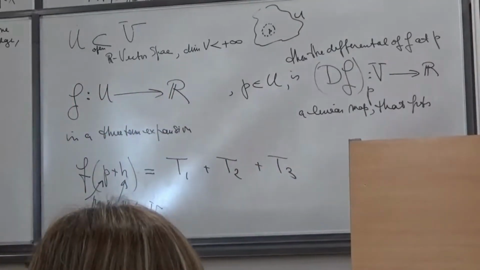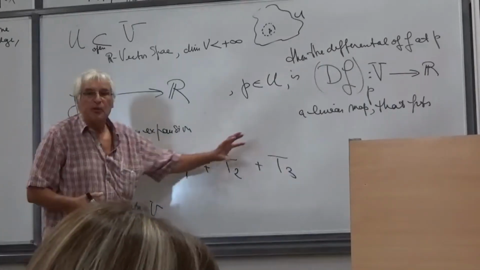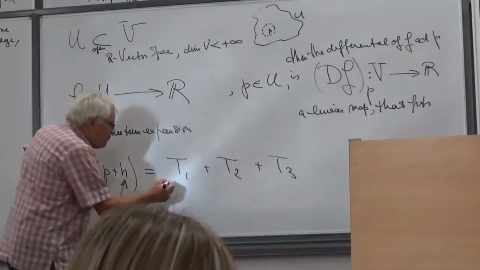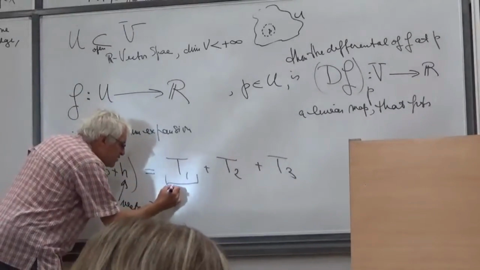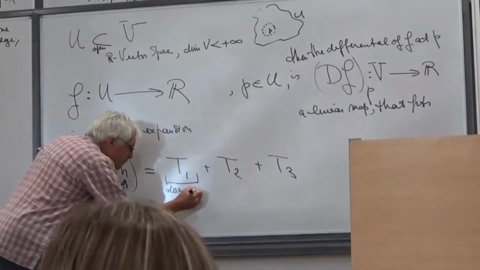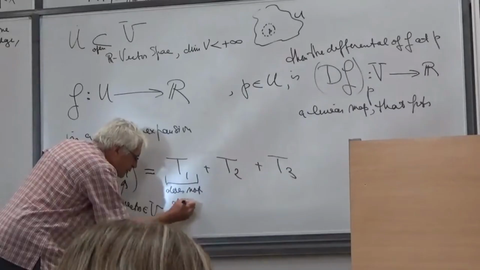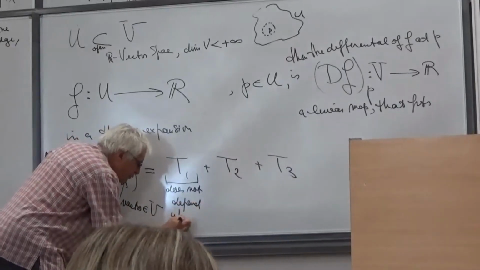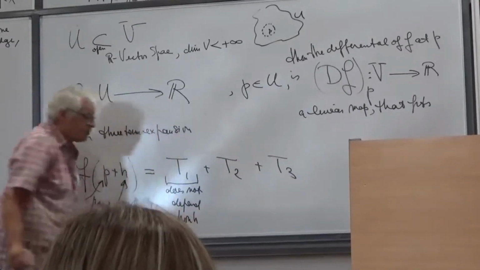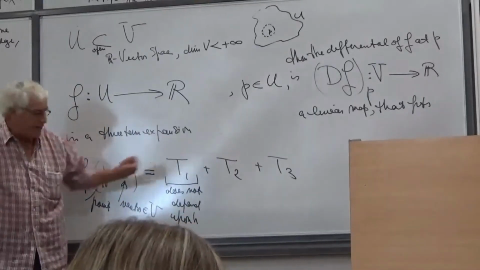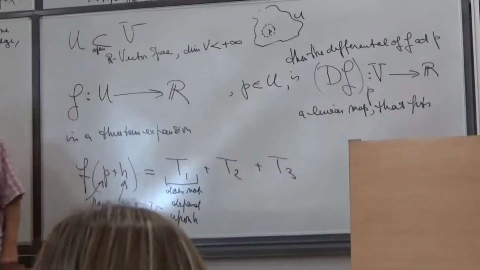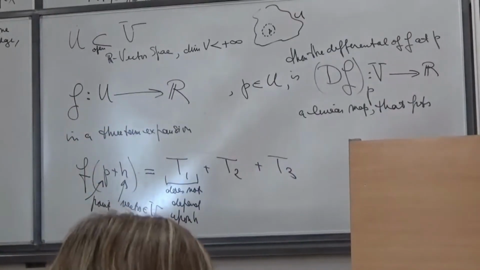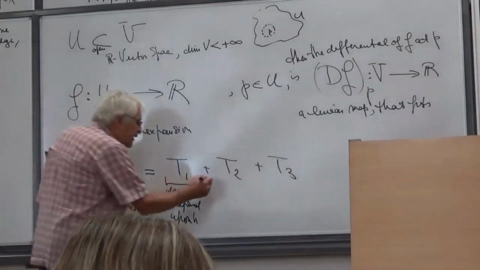And the terms, I do not give an immediate formula, but I characterize them by properties. The property of this term is that it does not depend upon h. So this term, if I vary h, keeps the same value. The second term is characterized by a property.